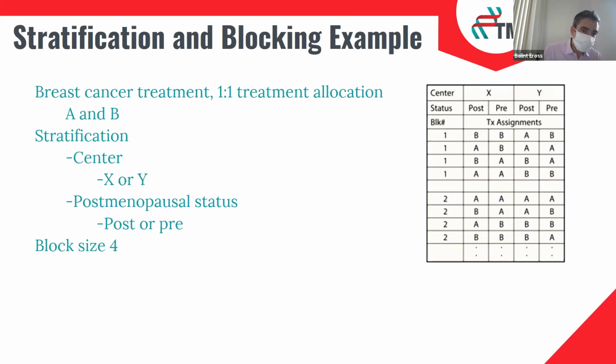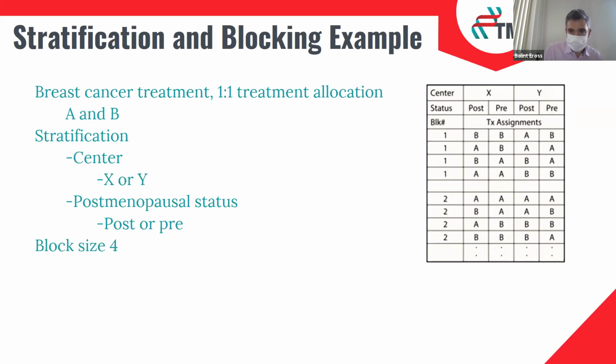And you want to make sure, because one center is a center of excellence and the other one is not. And you want to ensure that the postmenopausal status is equally spread between all treatment arms and also the centers.